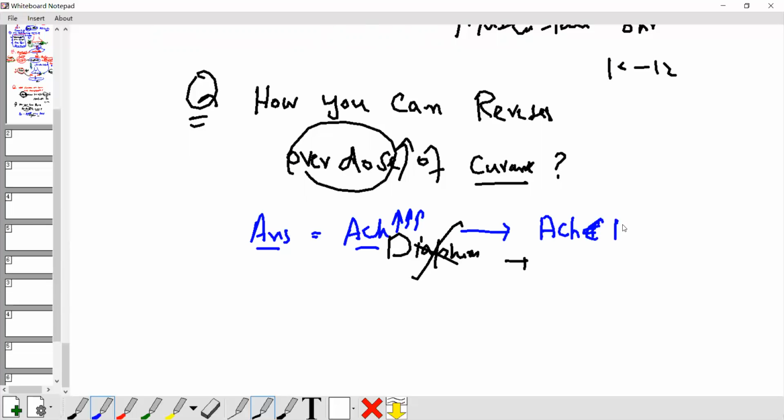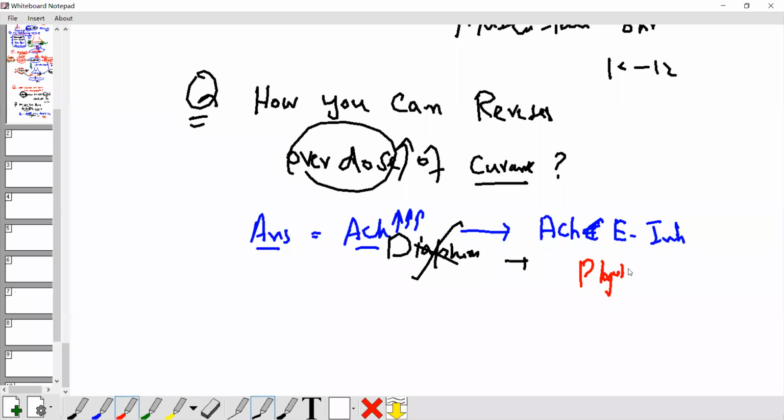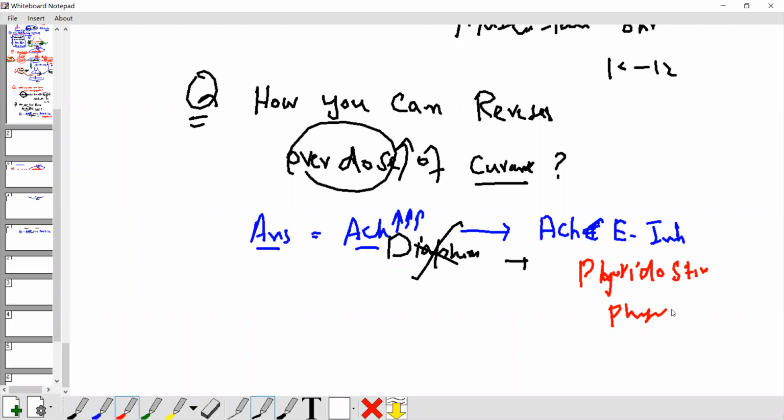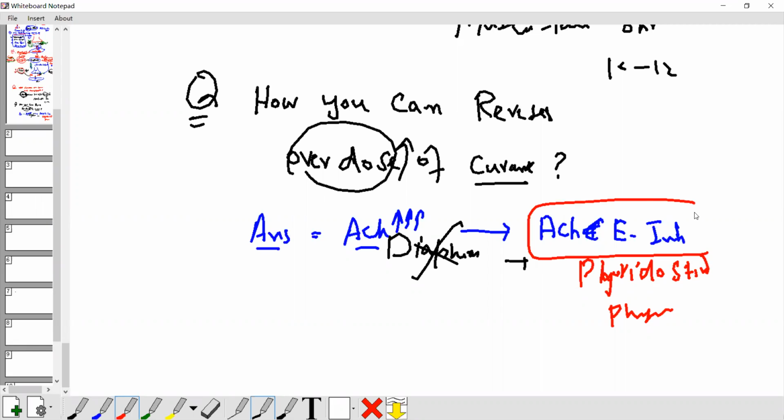Acetylcholine esterase inhibitor. Which drug? Pyridostigmine, physostigmine. So you must use an acetylcholine esterase inhibitor in case the patient receives an overdose of Curare.